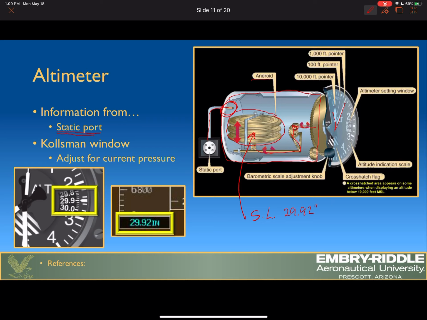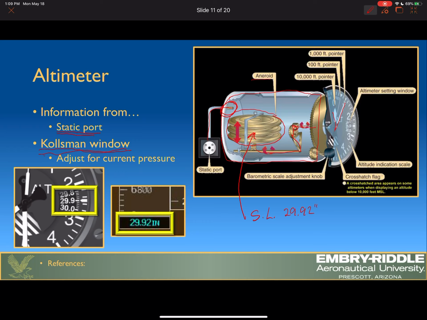Okay, and remember, the altimeter should always, for IFR flight, have a Kollsman window. With that Kollsman window, we adjust for current pressure. So we know we're almost never going to have a standard day. So we're always going to have to adjust for non-standard pressure.